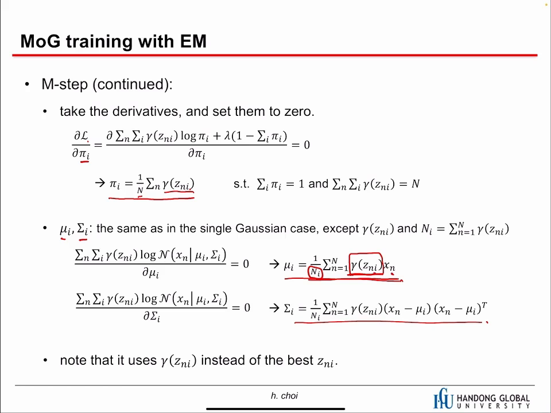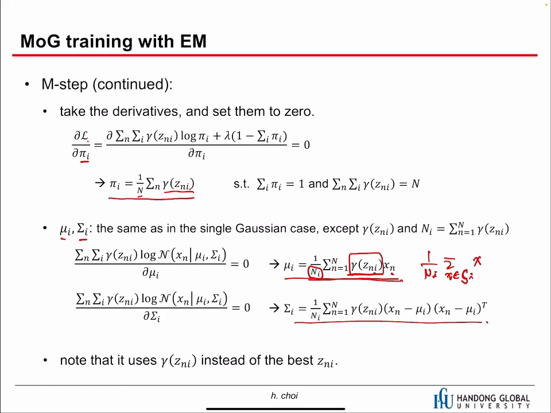In MLE or in the k-means algorithm, we used n sub i, x belonging to cluster i, and x. So this is the mean in the k-means algorithm.